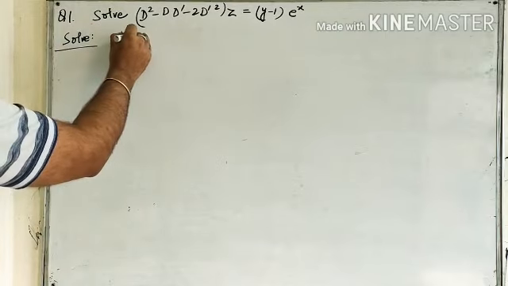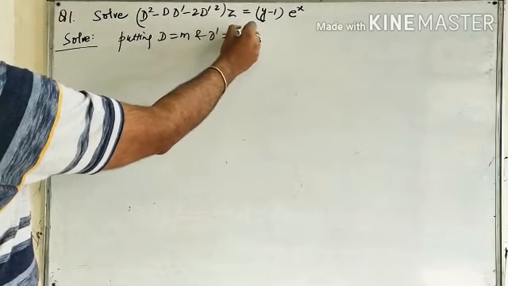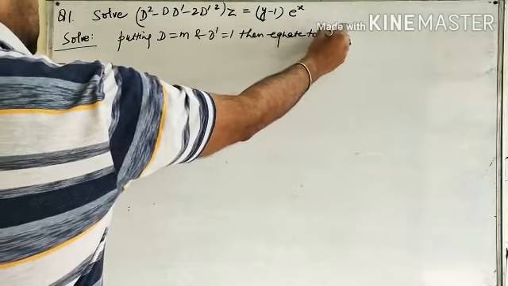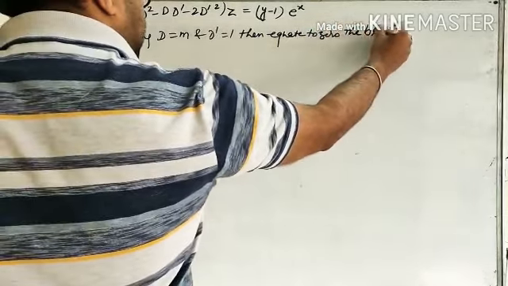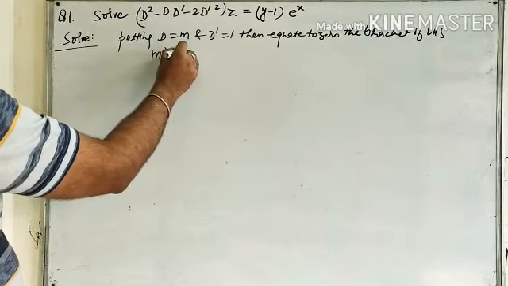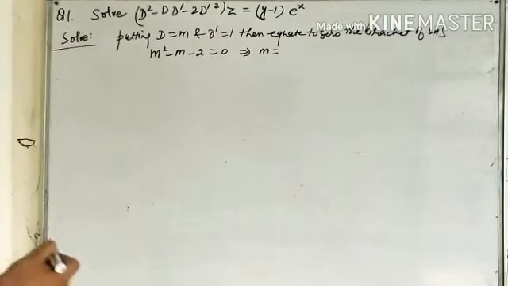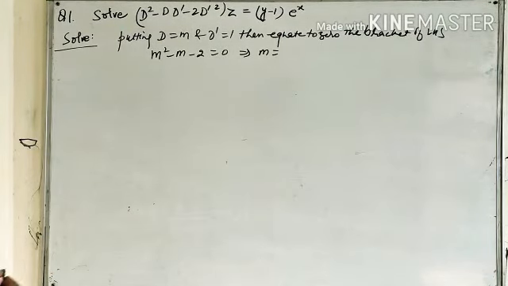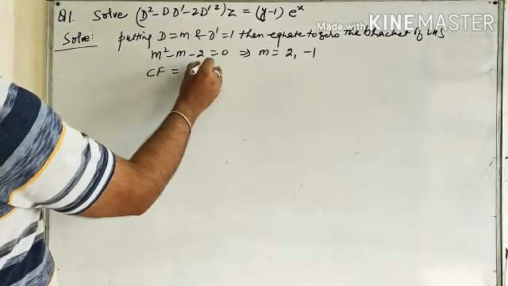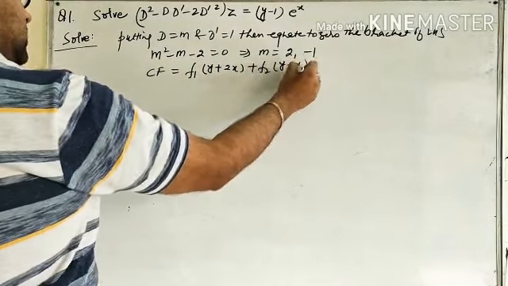For CF, we put D equals m and D' equals 1, and equate the bracket of the LHS to 0. What do we get? m square minus m minus 2 equals 0. After solving, we get two roots, m equals 2 and minus 1. So CF is f1(y plus 2x) plus f2(y minus x).